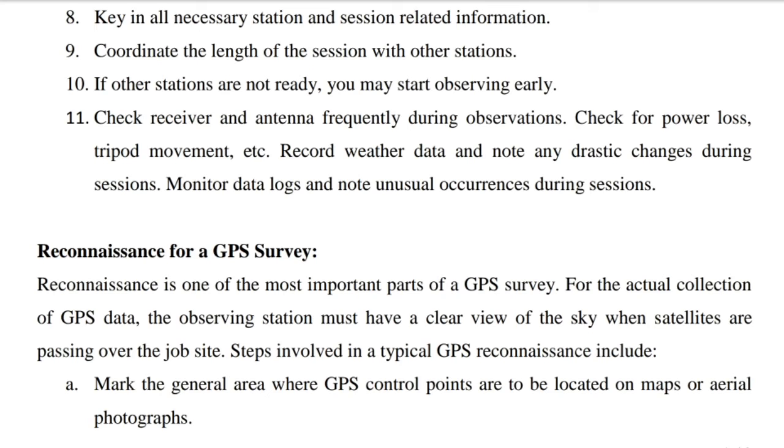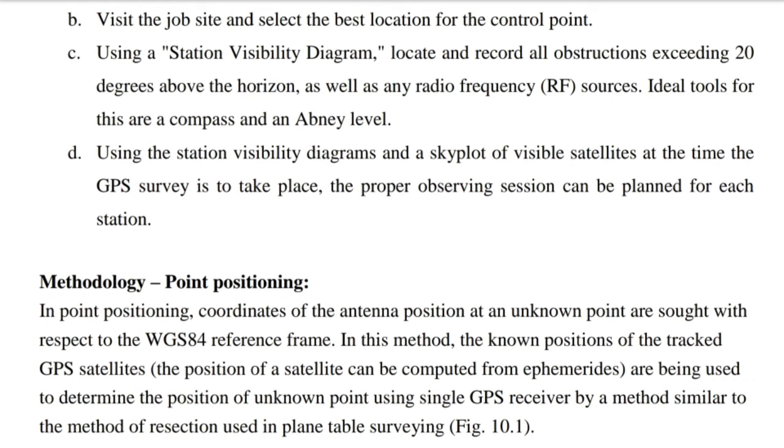Steps involved in a typical GPS reconnaissance include: A. Mark the general area where GPS control points are to be located on maps or aerial photographs. B. Visit the job site and select the best location for the control point.